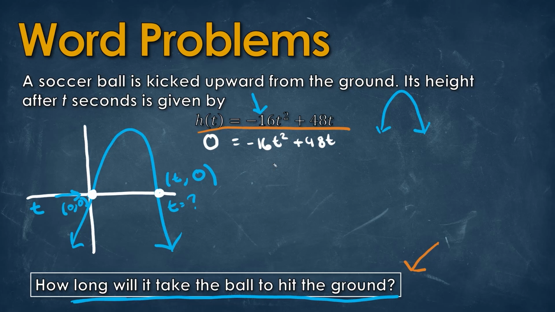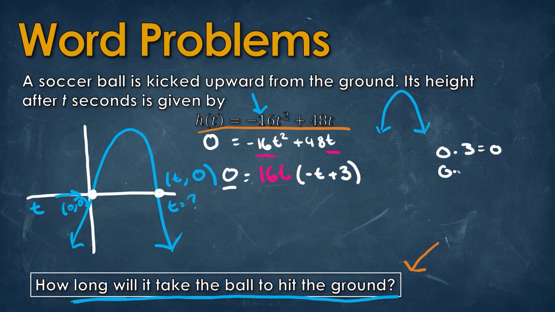So solving this, we can actually factor out a variable of t as well as a number of 16. And so what we're going to be left with, if we do this, is going to be a negative t plus 3. When we have this set equal to 0, that means that either one of these items must be equal to 0. For instance, if we have 0 times a number 3, it's always 0.